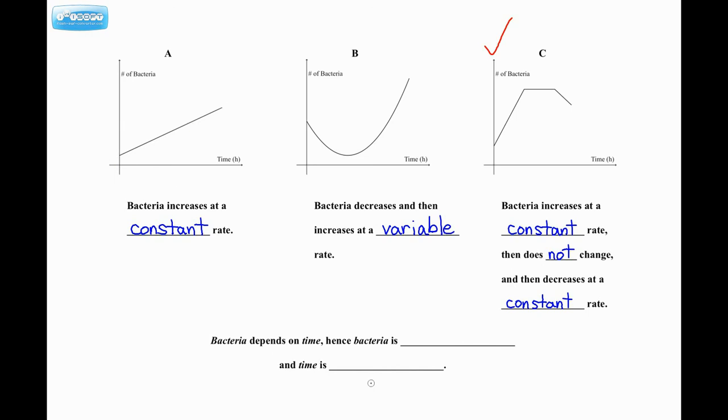All right, so here at the bottom, let's summarize. Bacteria depends on time, and that should make sense to you. It wouldn't make sense to say the time depends on the number of bacteria there are. So like in the first video, the bacteria depends on time, therefore it is the dependent variable.